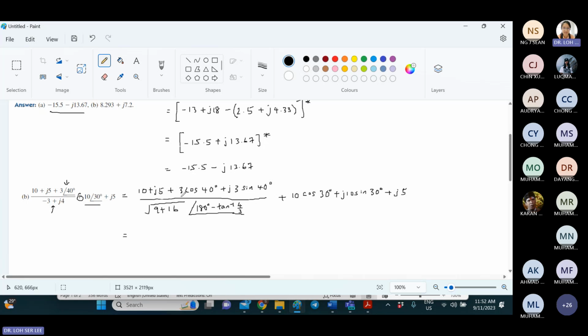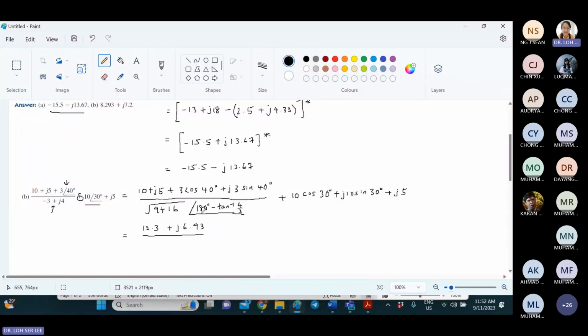Okay, so just use your calculator. 3 times cos 40 degree plus 10, you get 12.3. Then 3 times sine 40 degree, use your calculator, compute the value, and then plus 5. You get plus j6.93.